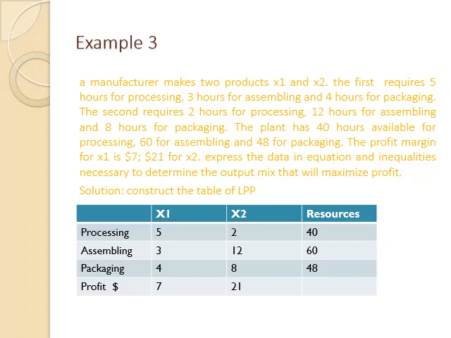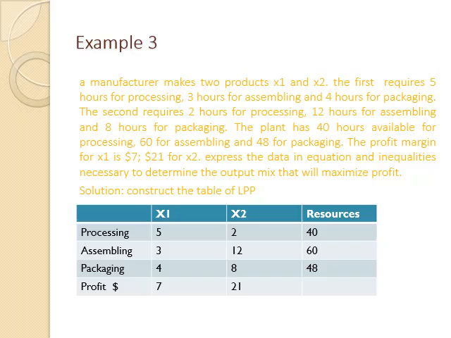So the production of X1 and X2 should not exceed 40 hours at the first stage, 60 hours at the second stage, and 48 hours at the last stage.